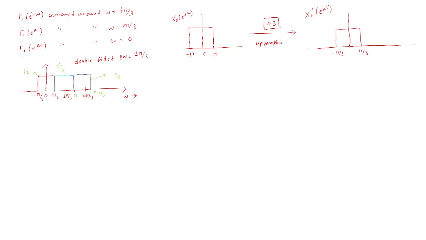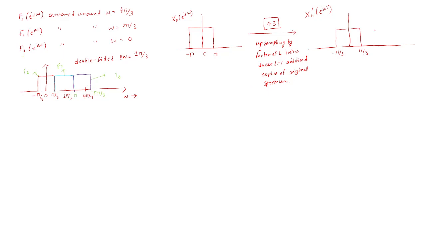Upsampling by a factor of L introduces L minus 1 additional copies of the original spectrum.